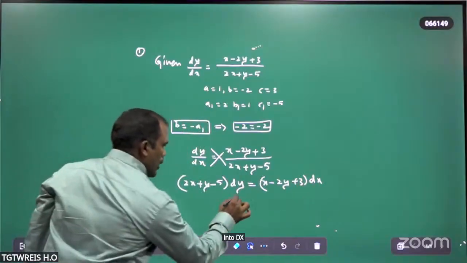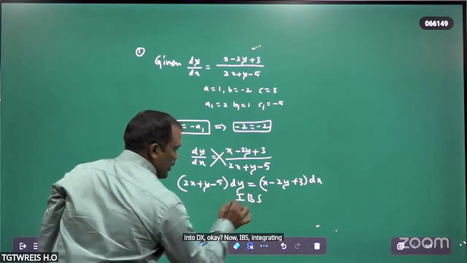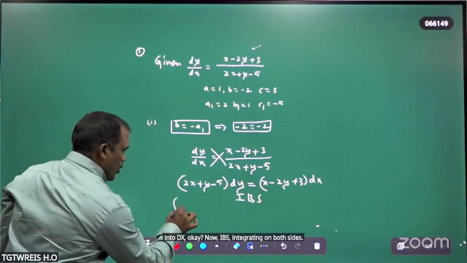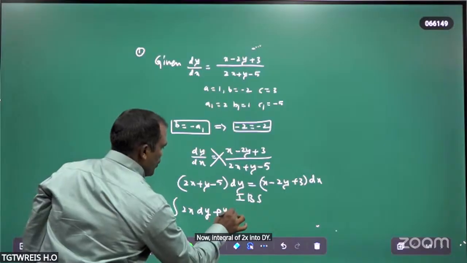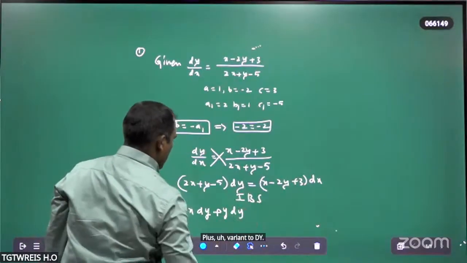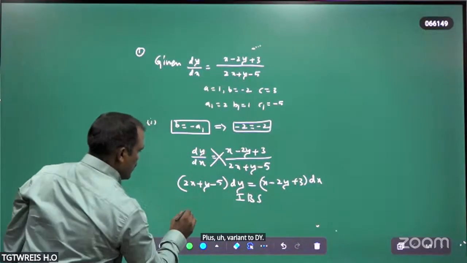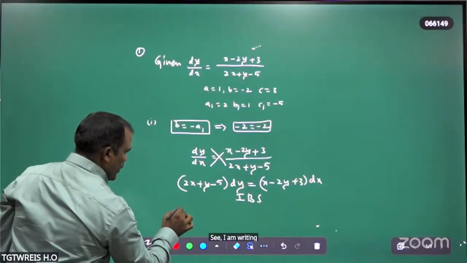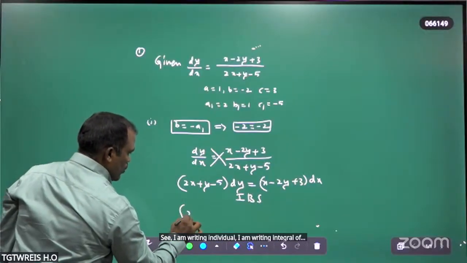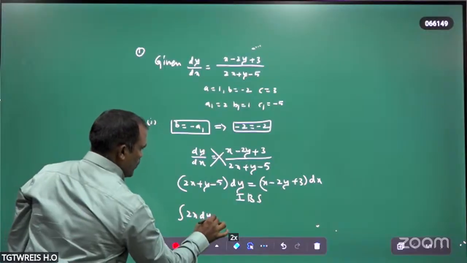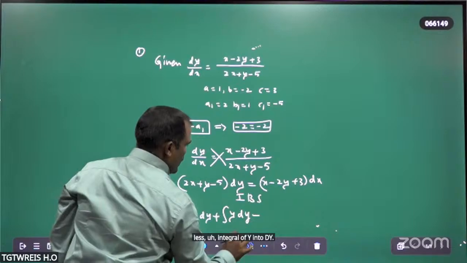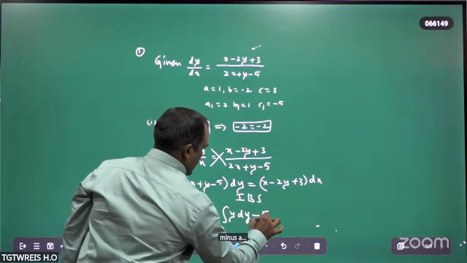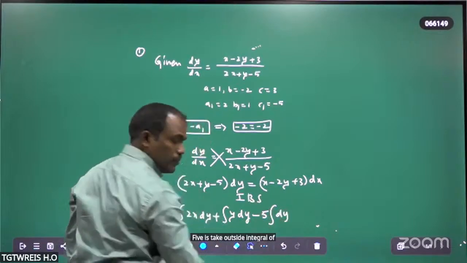Now integrating on both sides. I am writing individually: integral of 2x dy plus integral of y dy minus 5 times integral of dy.